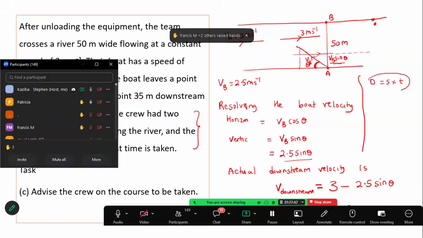So people are confused in that area of 3 minus 2.5 sine theta. Why is it like that? Why don't we use the resultant velocity that they use in the shortest time one, the one that you showed us, the square root of VB squared plus VW squared? But now we are going on to use 3 minus 2.5 sine theta. So I think that's where the misconception is.